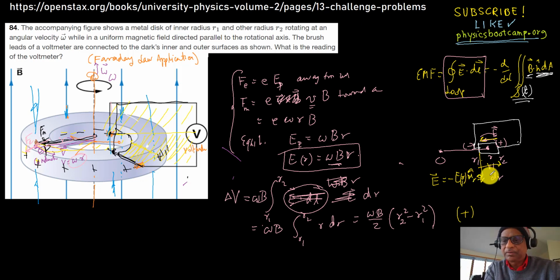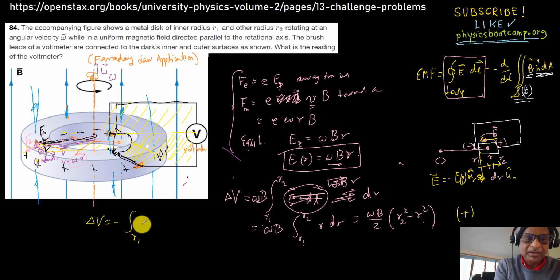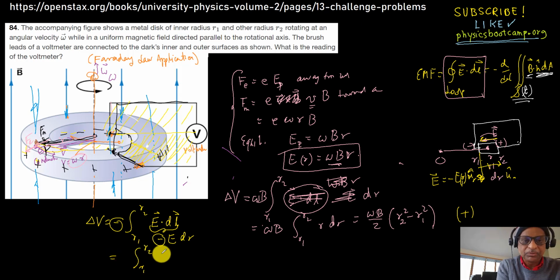Delta V is minus the integral from r1 to r2 of E dot dl, as you remember. So there's a minus sign I had actually absorbed when doing this calculation, and this minus sign and that minus sign will cancel, and so the integral from r1 to r2 of E at r dr, as we have done over here. Okay, and that's the answer for this problem.